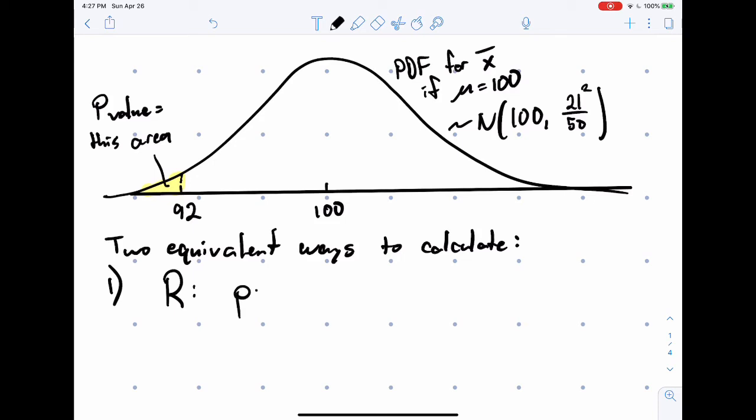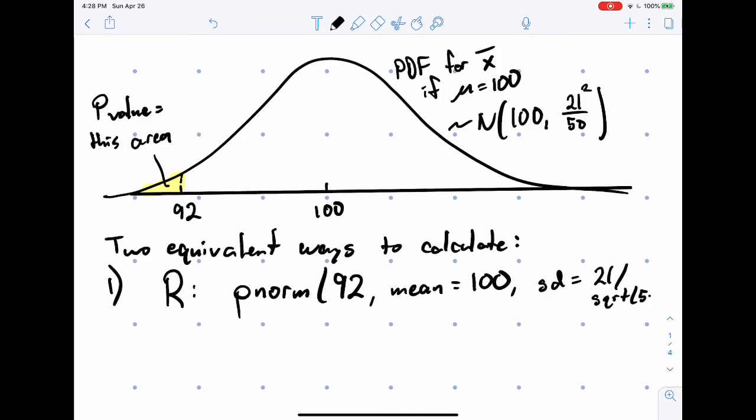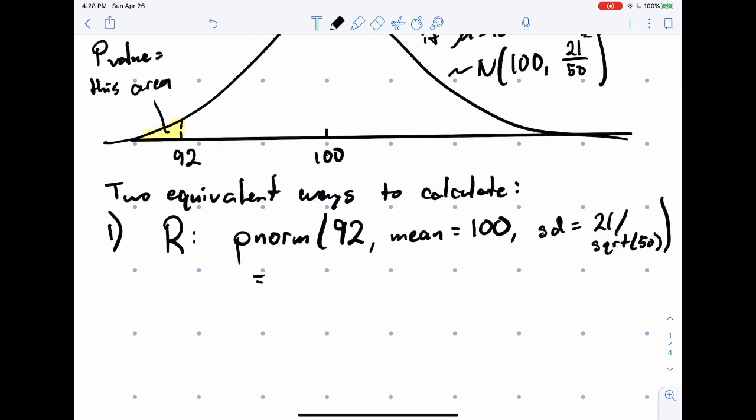In R, you can do pnorm of 92 for a distribution that has mean 100 and standard deviation equal to 21 over the square root of 50, okay? The square root of the variance. You plug this in, you get 0.00353. So this is the p-value.